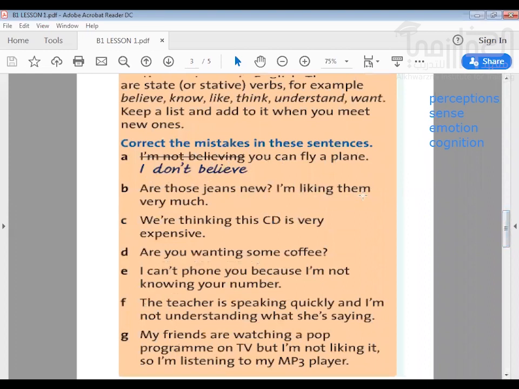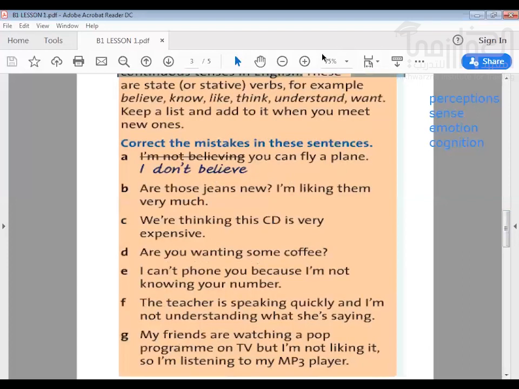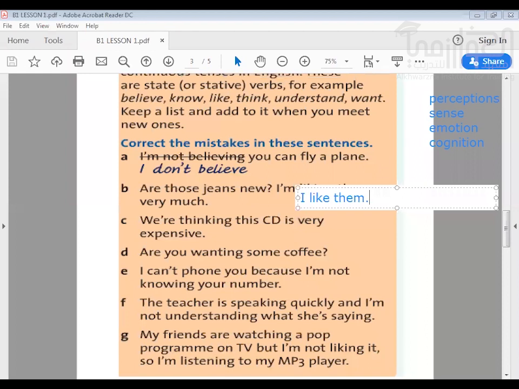Now, are those jeans new? I am liking them. So what should be the answer here? It should be just what? I like them.